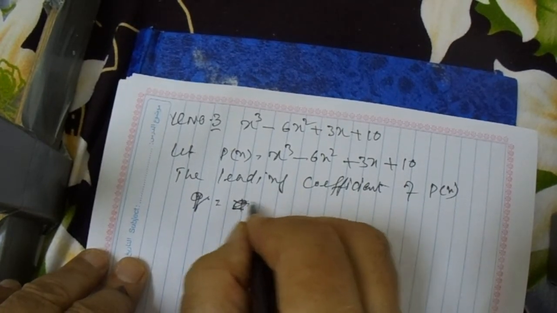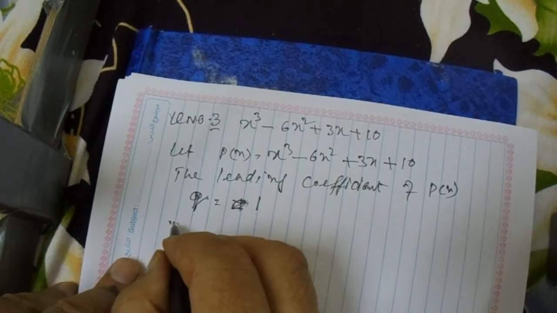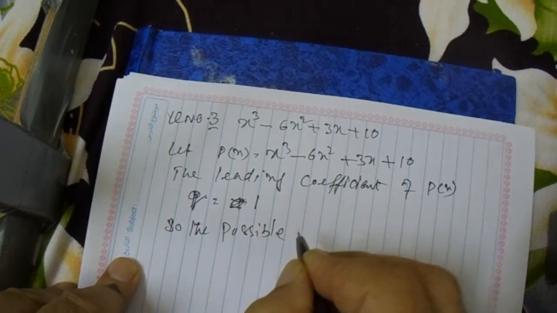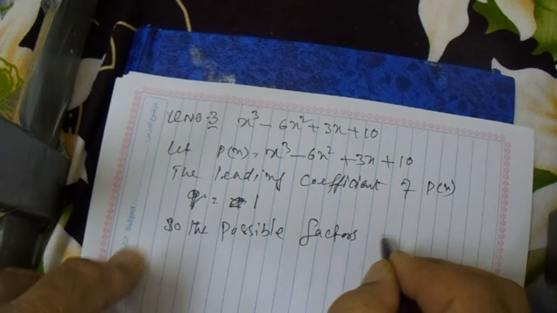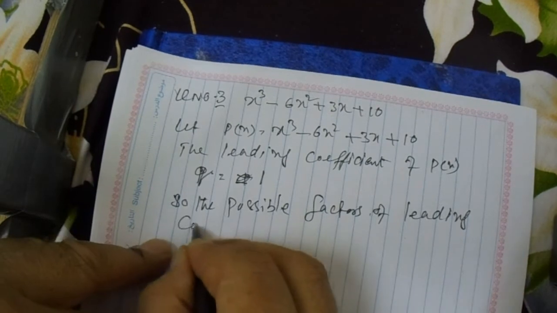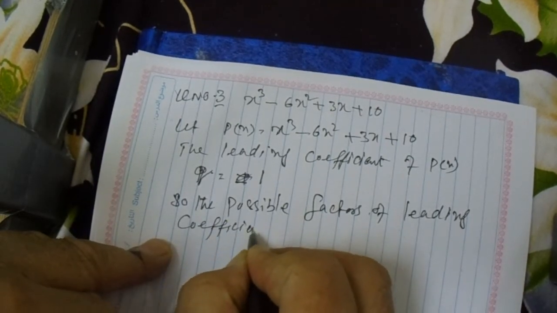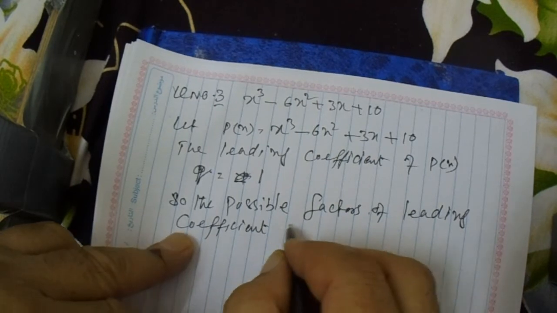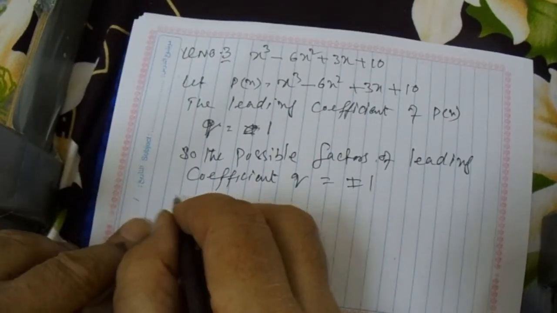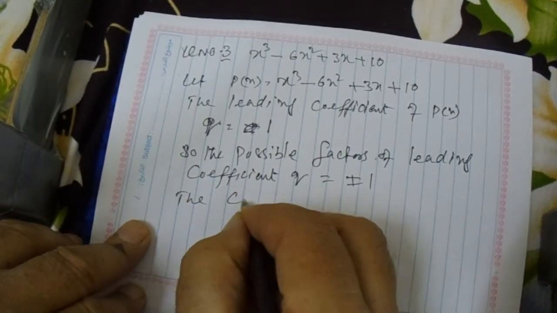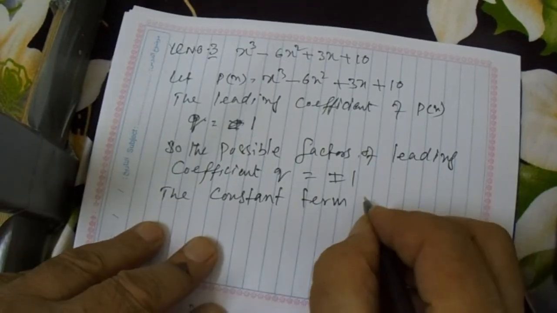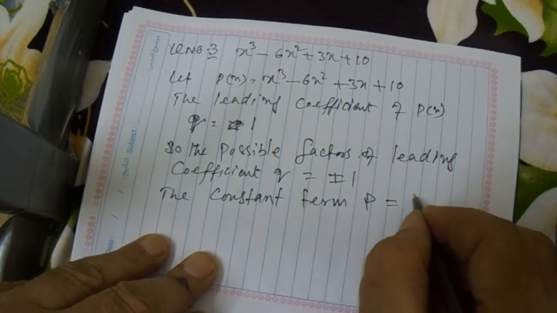So the possible factors of the leading coefficient are q is equal to plus minus 1. Now the constant term p is equal to 10.